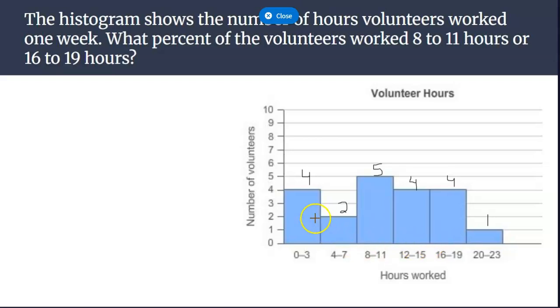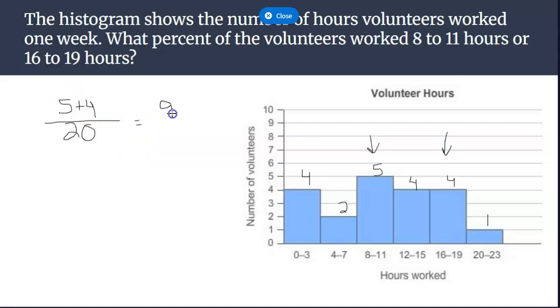First, let's get the total here. 4 plus 2 is 6. 6 plus 5 is 11. 11 plus 4 is 15. 15 plus 4 is 19. 19 plus 1 is 20. So we're out of 20. That's our total. And if you worked 8 to 11, or 16 to 19, that's 5 and 4.